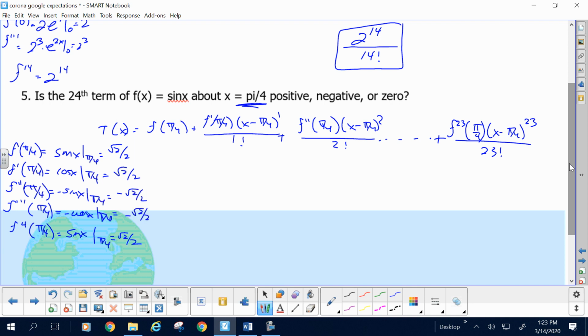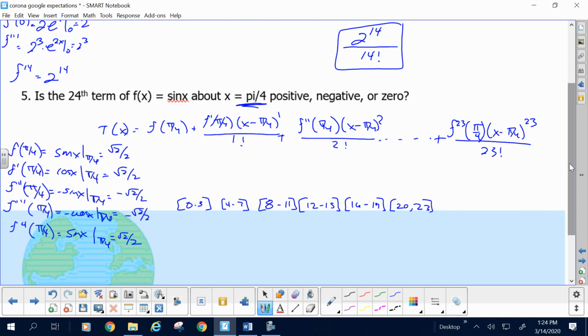So there might be a more efficient way to do this, but this is what I think. From 0 to 3 is right back to where it started, and then from 4 to 7 is right back to where it started, and then 8 to 11 is a full cycle, and then 12 to 15, I'm adding 3 each time, is a full cycle, and 16 through 19 is a full cycle, and then 20 to 23 is a full cycle.